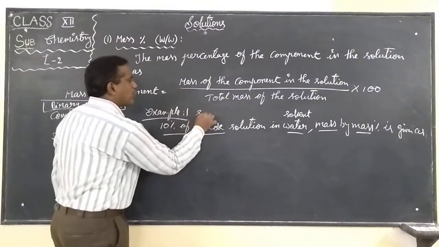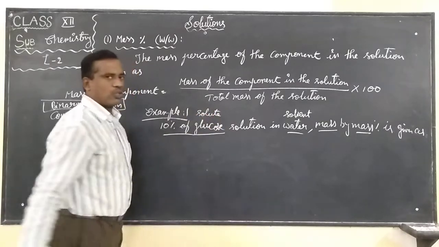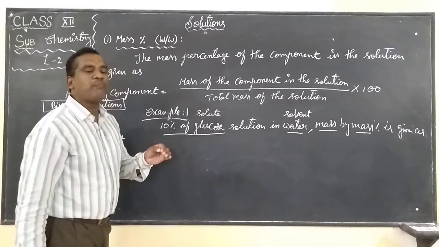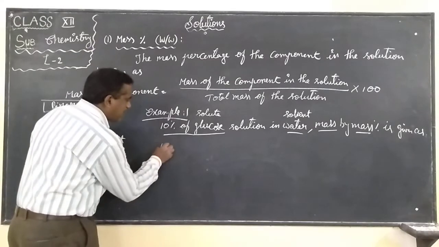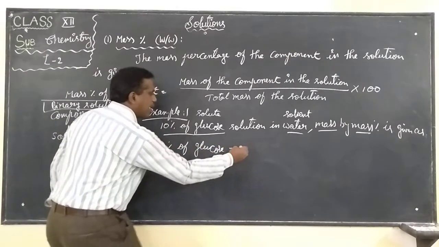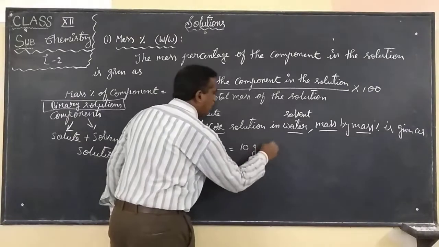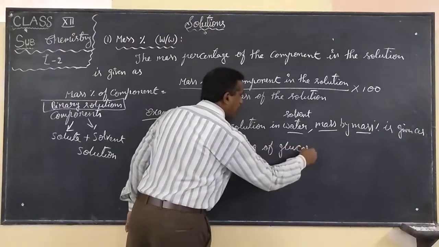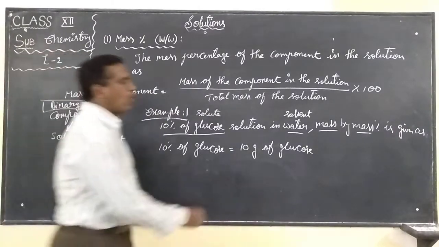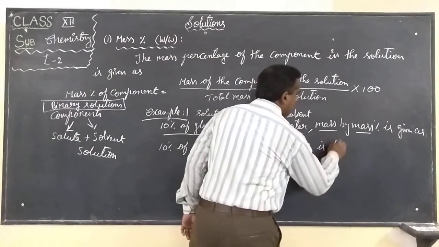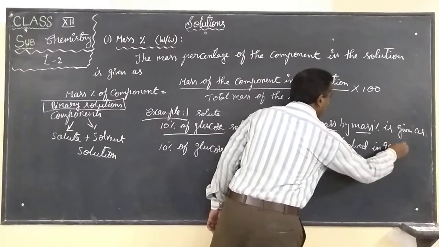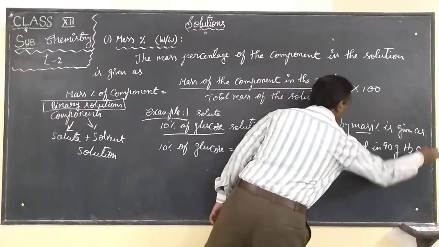Then what is the solute? Glucose is the solute. They had already mentioned 10%. 10% of glucose is nothing but 10 grams of glucose according to the mass by mass percentage. 10 grams of glucose is dissolved in 90 grams of water.